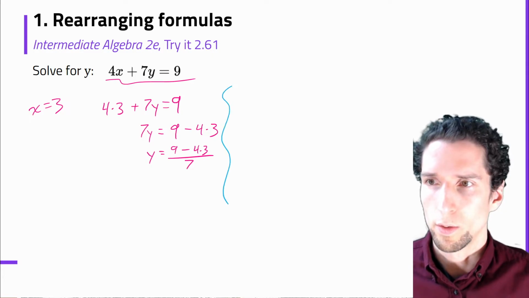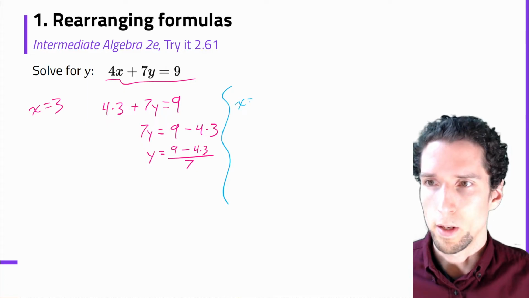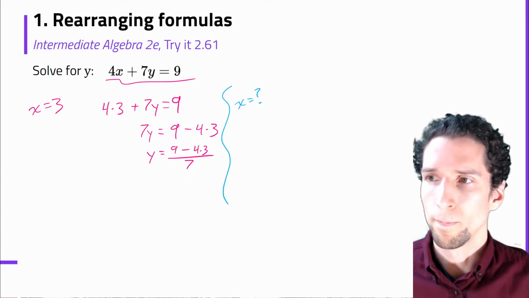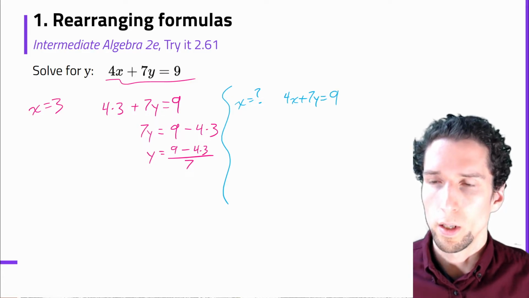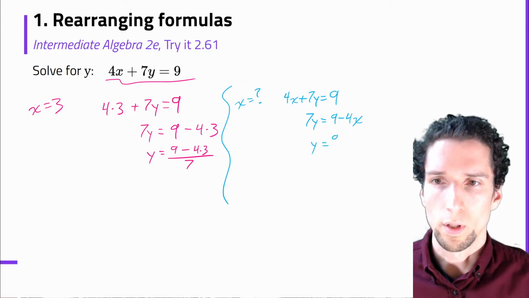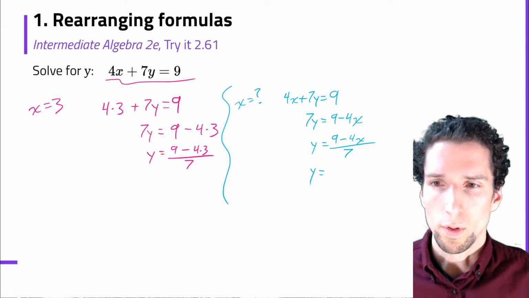And then if we do this with our variable version, where our x is just x, we don't know what it is, so we can't change it out for anything, then 4x plus 7y equals 9, and we will just subtract the 4x from both sides. 7y equals 9 minus 4x, and divide by 7. y equals 9 minus 4x over 7. y equals 9 over 7 minus 4 over 7x, and I'm going to put the x in front.